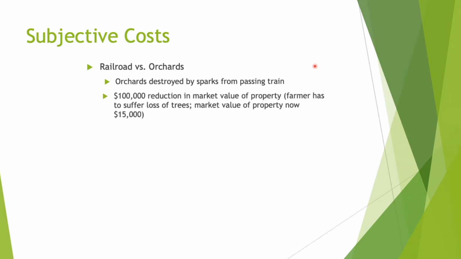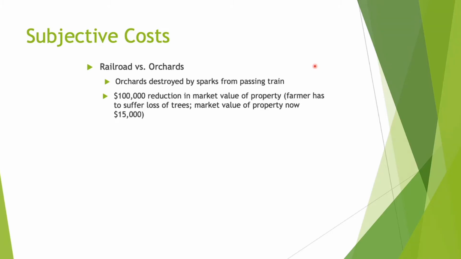So I'm going to kind of give you the classic Coasian argument here, and then we'll tear it up using our ideas about subjective costs. So let's suppose the farmer has to suffer the loss of the orchard as long as that train is passing, costing a $100,000 loss to the farmer.